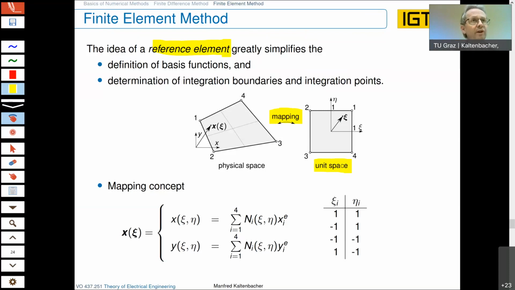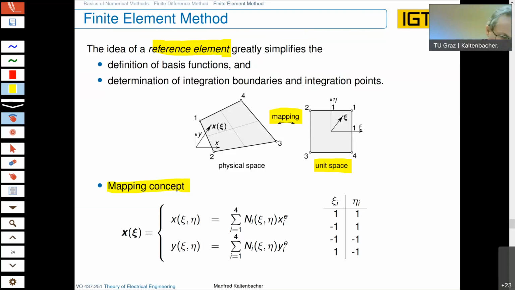But we have to do this mapping. And the mapping concept is, I would not say easy, but the idea is as follows. This is the standard finite element method. You will also call it isoparametric elements. So you will also use the same basis function as you will then use for the approximation of the physical quantity, also for this mapping.